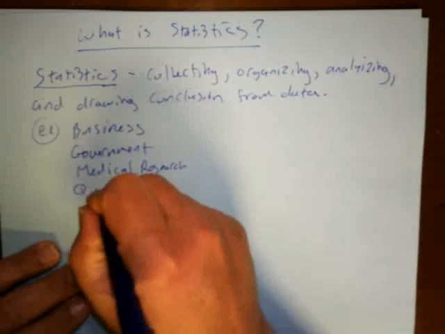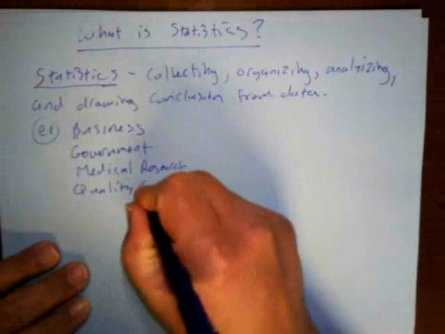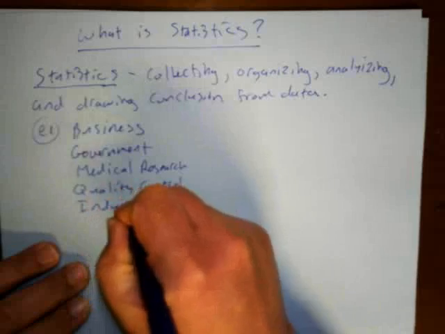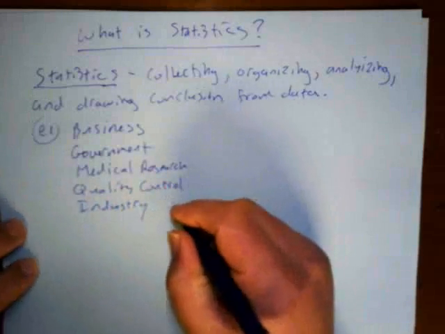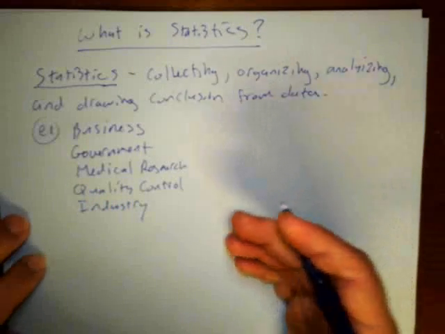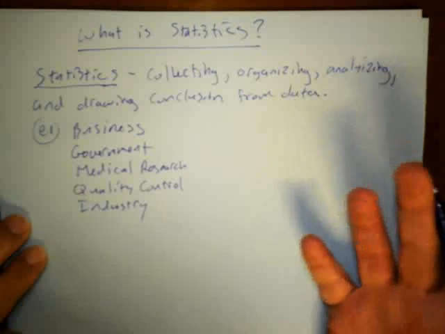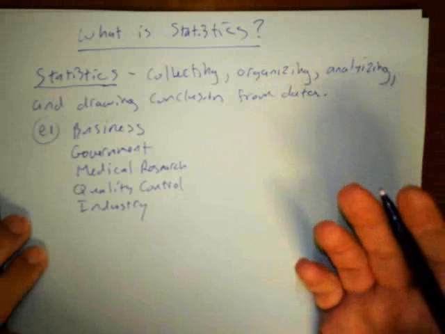Along with that is quality control in industry. They kind of go together. Do the parts that come off a line meet specifications? Are they defective in any way?